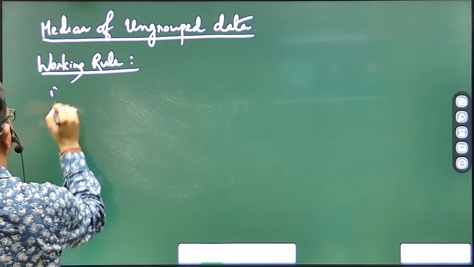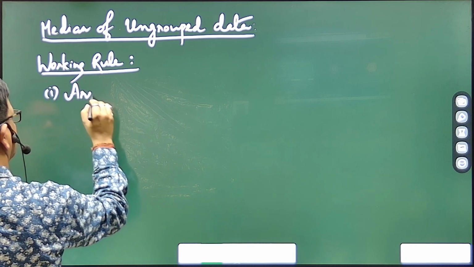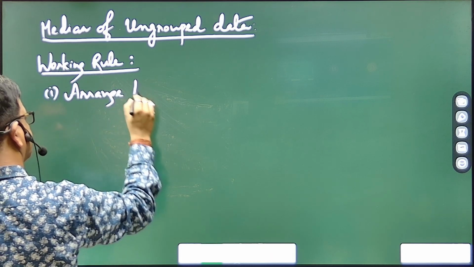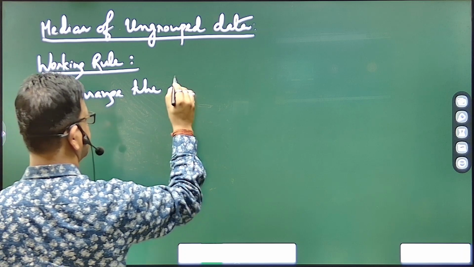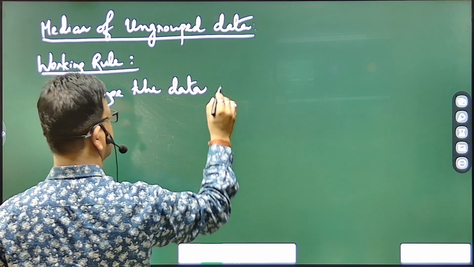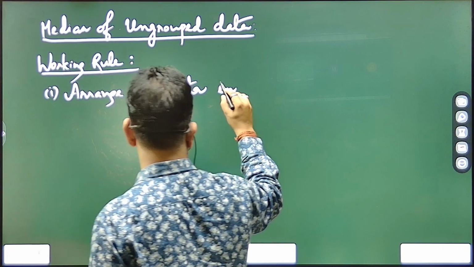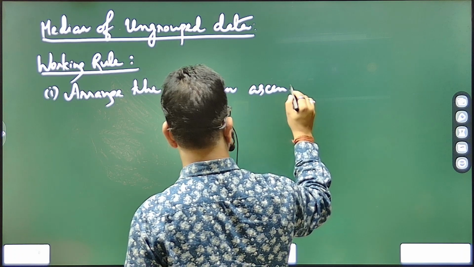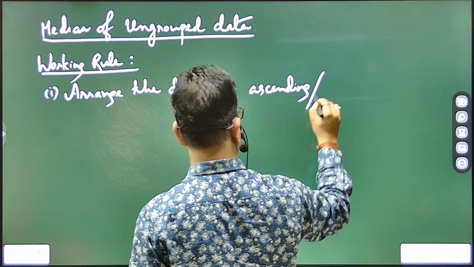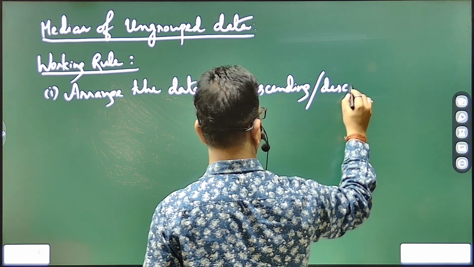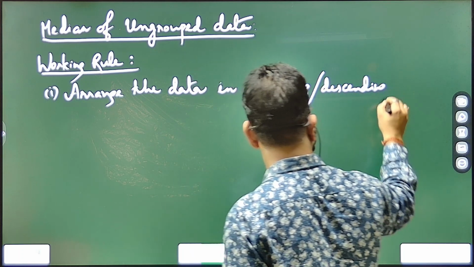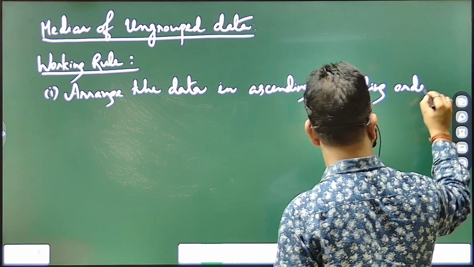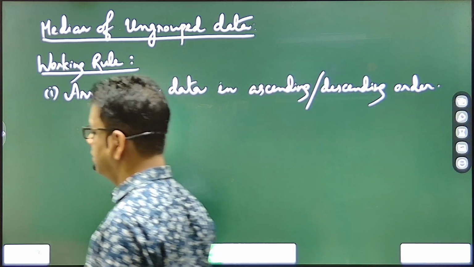So the working rule is number 1, arrange the data in ascending or descending order. Right? Then what do you do?